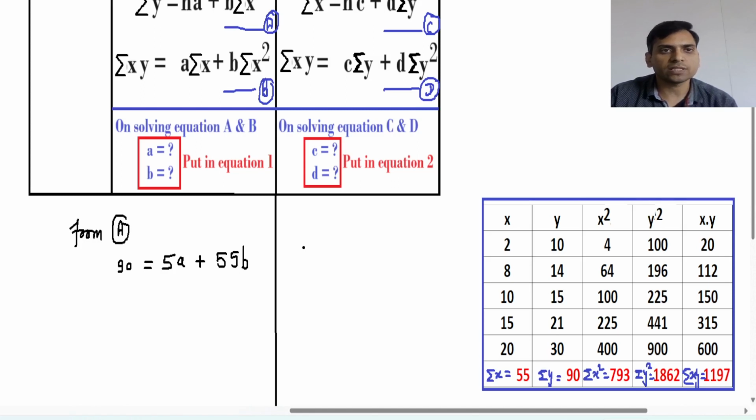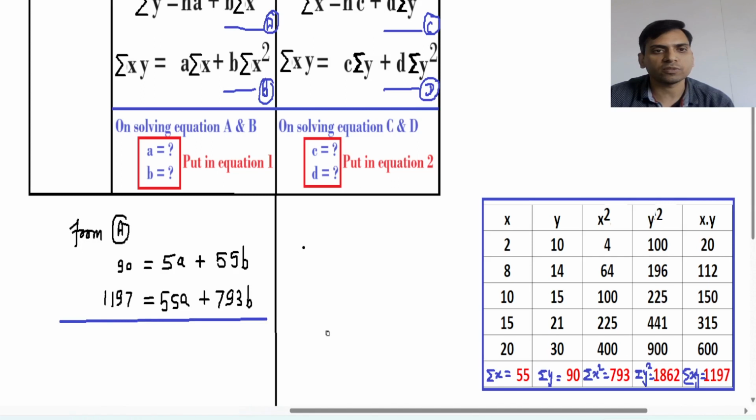And second equation, summation xy is 1197, and A summation x is equal to 55. So this is 55A, and second is B summation x square. Summation x square is 793, this is B. Now we will solve these two simultaneous equations by cancellation method or substitution method.